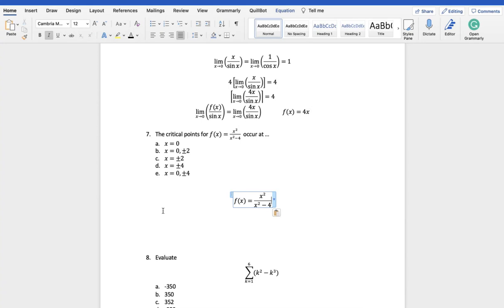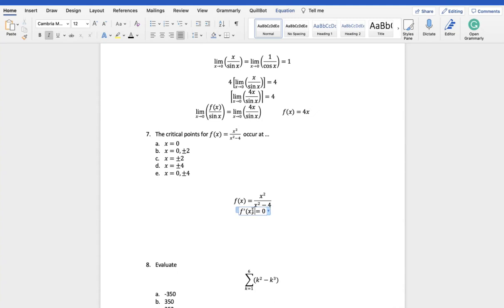Find the derivative, and then equate it to 0. So you're basically finding the values of x for which the derivative of f of x is equal to 0, right? So let's do that.